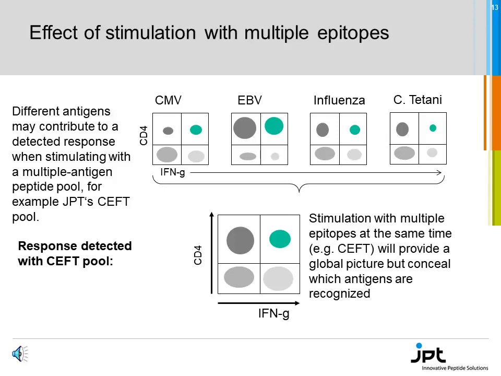This pool is often used as a positive peptide-based control pool. A response to this pool will indicate that there is a response to one or more of the antigens represented by this pool. However, while any number of represented antigens may contribute to the response, it cannot be discriminated which, unless peptides originating from each individual antigen are tested.